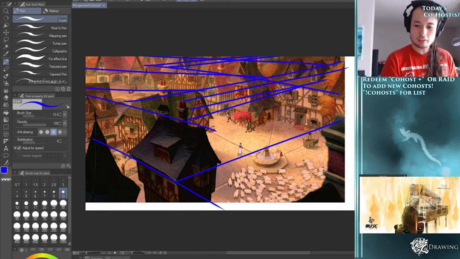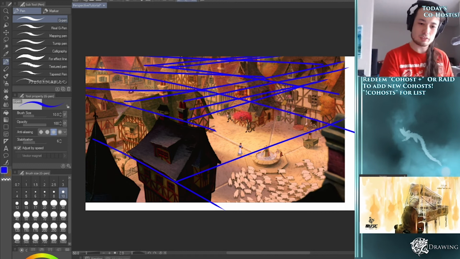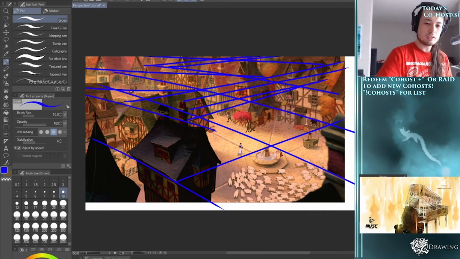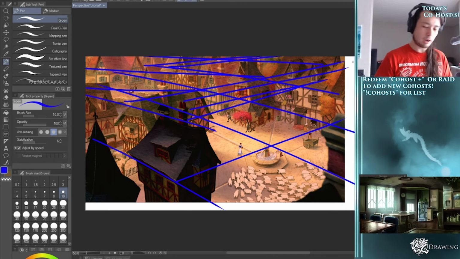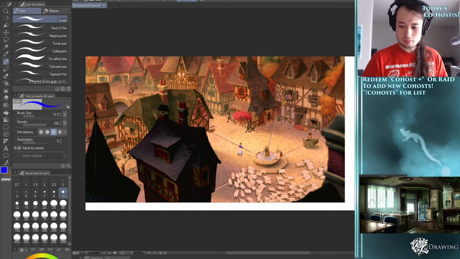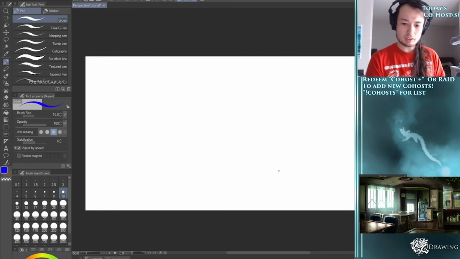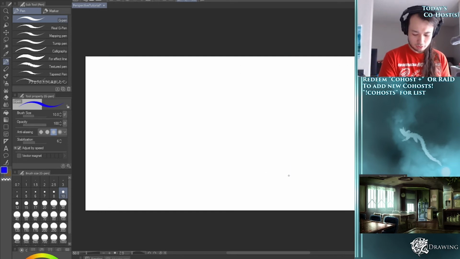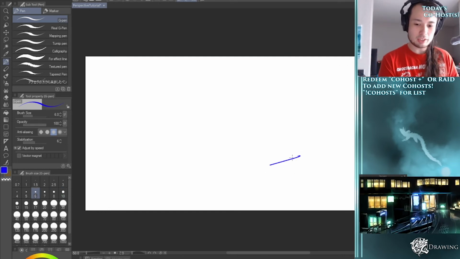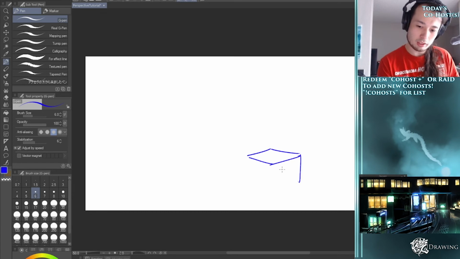Wait a second. This doesn't feel quite isometric, does it? You can't see it, but I think these lines are converging. One interesting thing about isometric is, what's the difference between an isometric perspective like this and a two-point perspective?